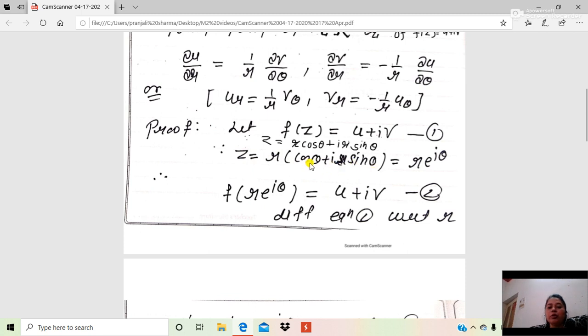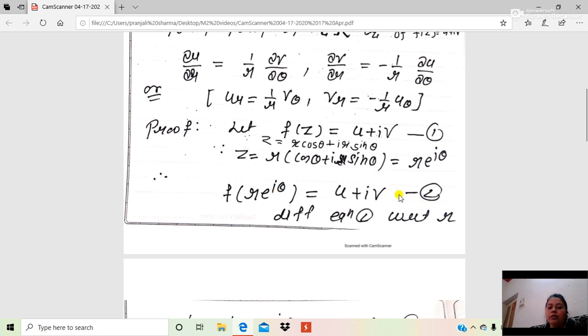Using Euler's theorem, cos θ + i sin θ can be written as e^(iθ), since e^(iθ) = cos θ + i sin θ. So we can write z = r e^(iθ) and put the value of z in equation 1. So we have another equation, f(r e^(iθ)) = u + iv, and take it as equation number 2.